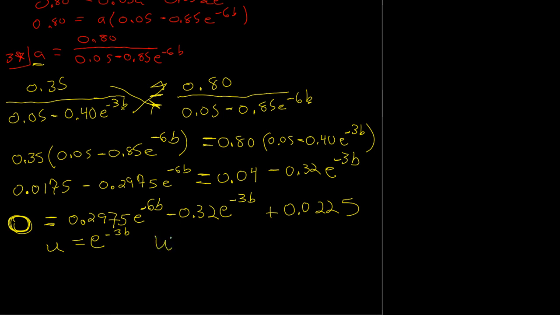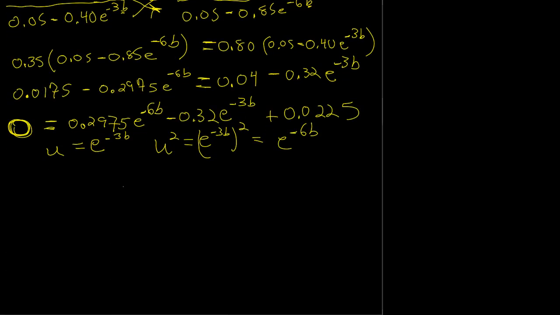Well, if I squared it, that would be e to the negative 3b squared, which is e to the negative 6b. Hey, but I have one of those right there. What does that do to this? This deserves a different color. This deserves a purple.